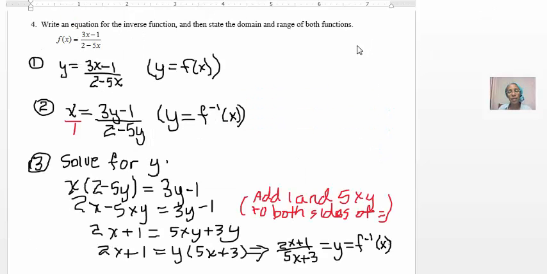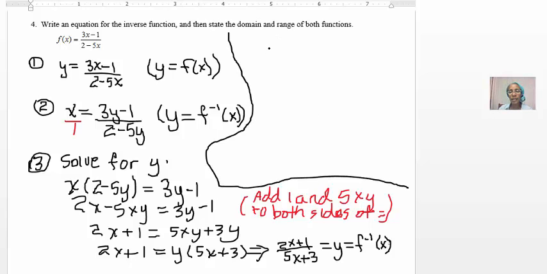Now remember, we were asked to find the domain and range of both functions. So I'm going to just go up here to do that now that we have f and f inverse. And I'm going to actually make a table.